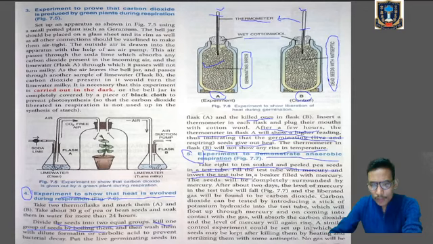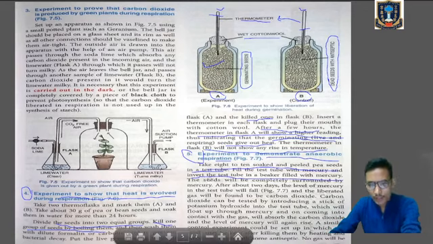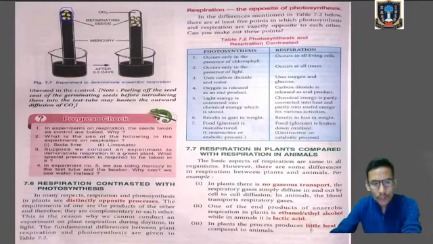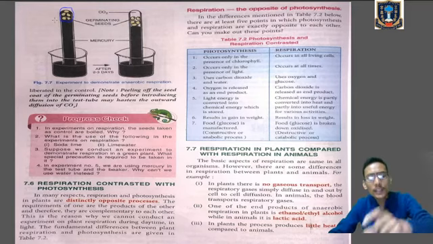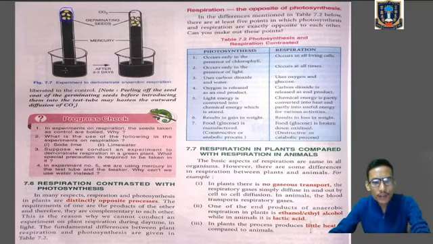Then invert the test tube in a beaker filled with mercury. So the seeds will be completely surrounded by mercury. So now in a test tube we have taken the pea seeds, and we are inverting the test tube in a beaker containing mercury. This is the beaker, this is the test tube, and these are the seeds.